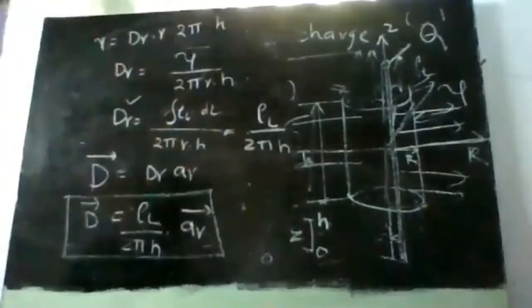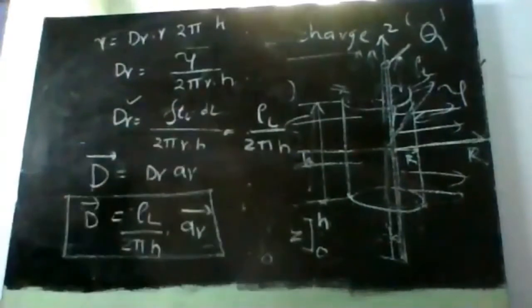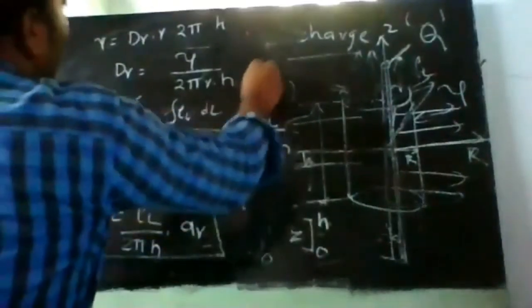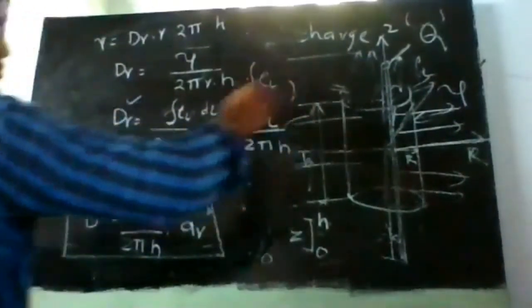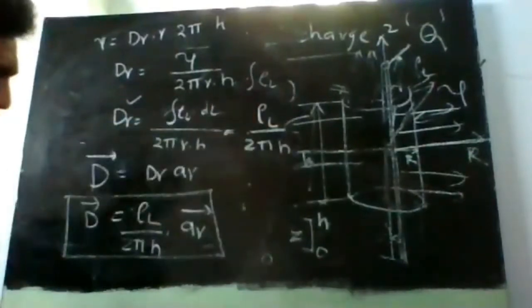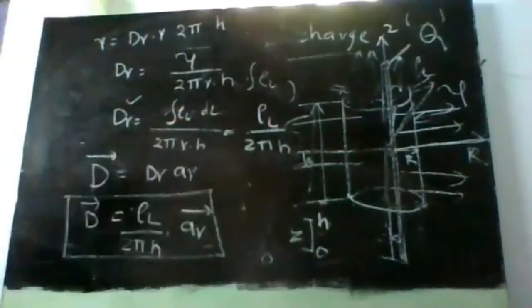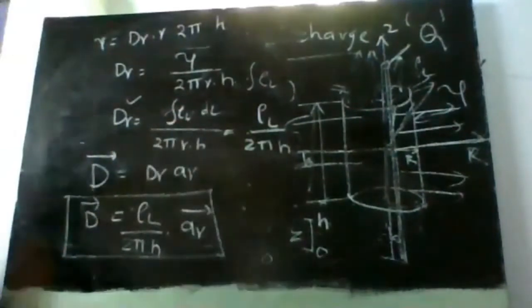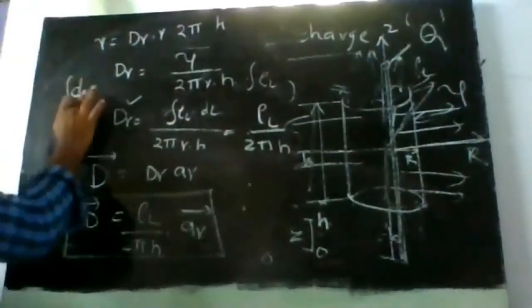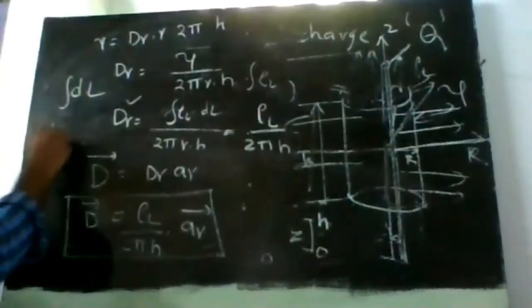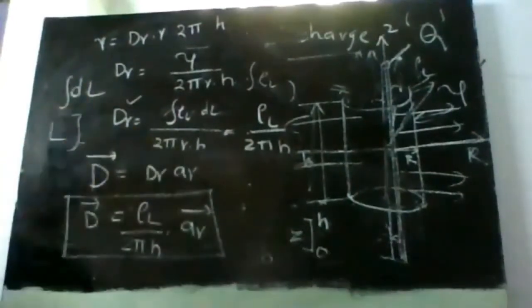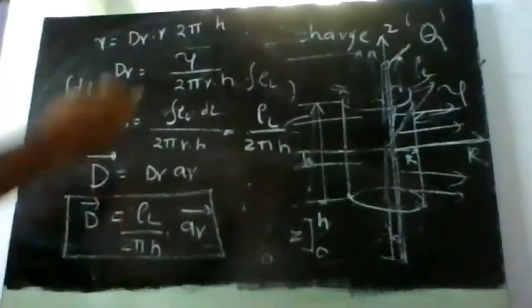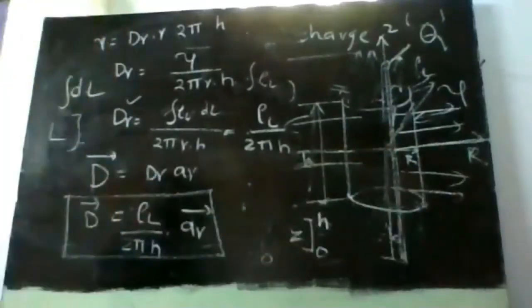Integral of rho L, yeah, you're talking about this, right? So rho L is basically constant. If I write it like this, integral dl is nothing but L, representing the length of the line, or the length of the Gaussian surface.